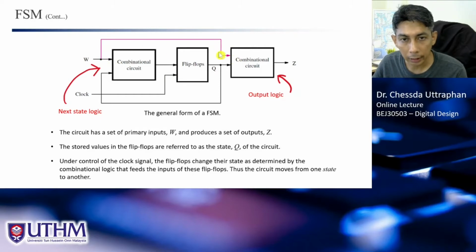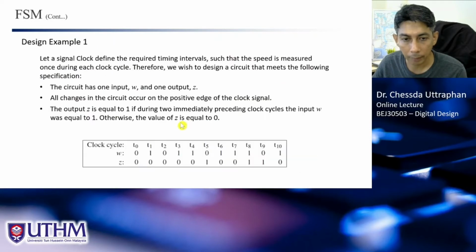This wire means that the output here, Z, does not depend only on this, but also depends on the input. For Moore, if we don't have this, the output Z only depends on the output of the flip-flops, or in other words, the state of the flip-flops.